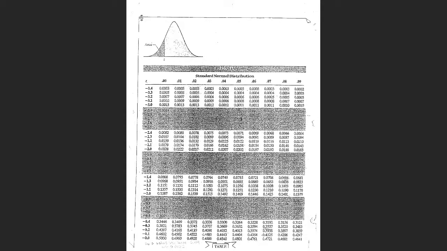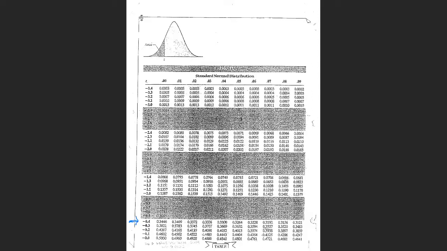So let me remind you how to look up a number on this Z table, a Z score. We're looking for negative 0.40. Negative 0.4 is right here, and then the number in the hundredths place is 0, so I want this column.